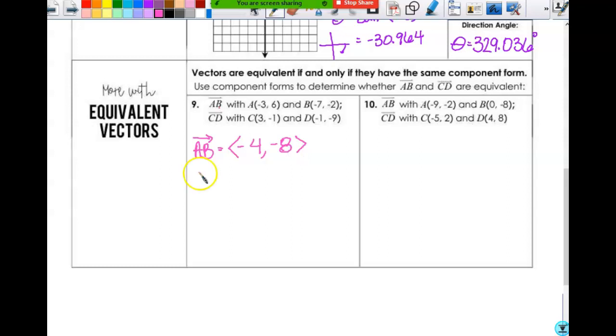So I have to find the other one, CD. And that would be -1 minus 3, -4. -9 minus a -1, -8. These two are identical. Therefore, vector AB is equivalent to vector CD.